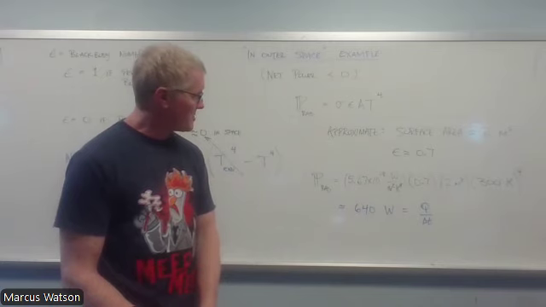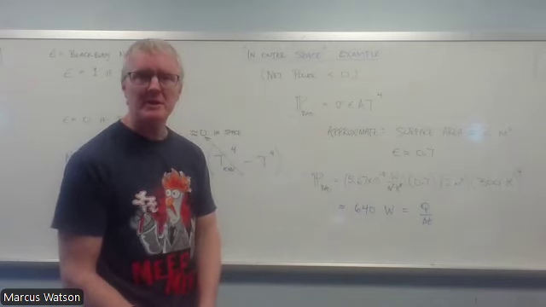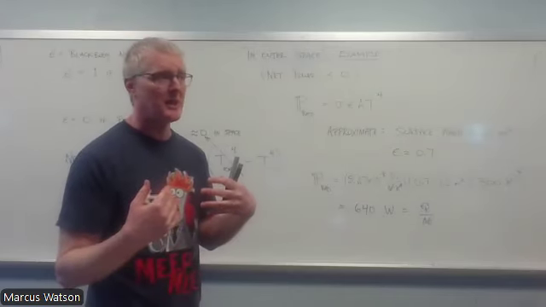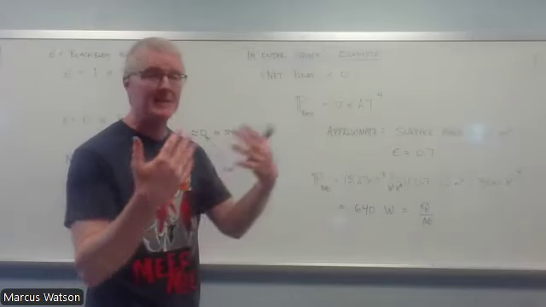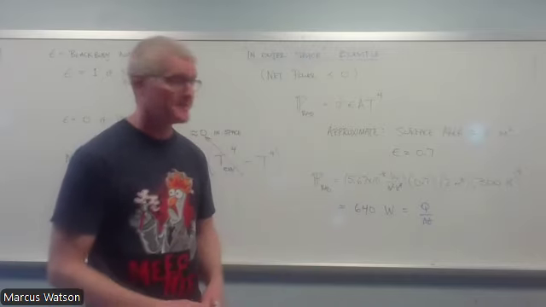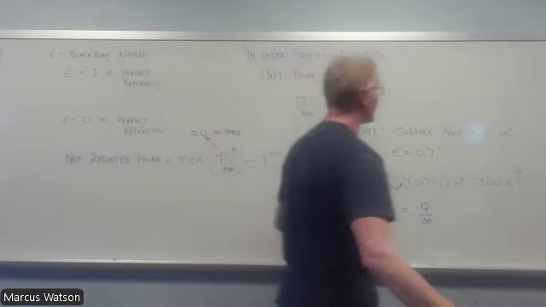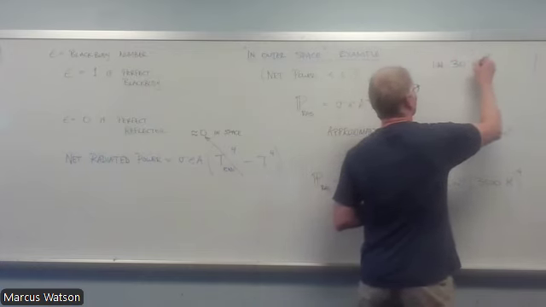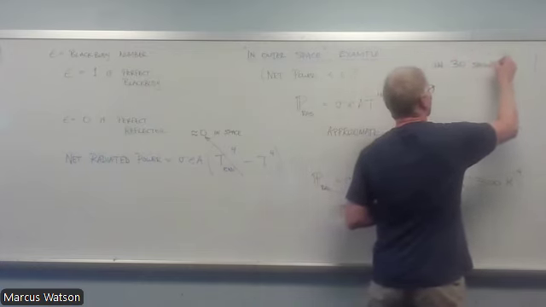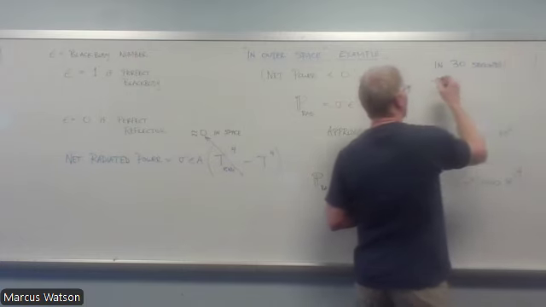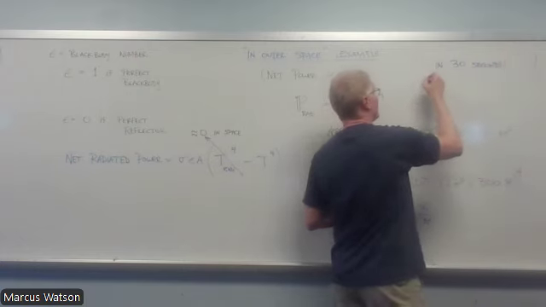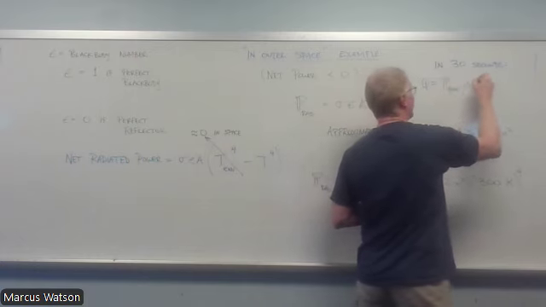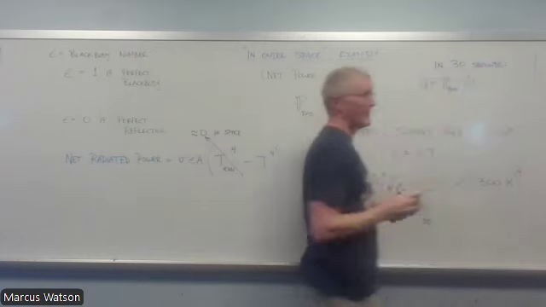So you might ask, well, how much energy am I going to lose in, say, 30 seconds? How much heat am I going to transfer out in 30 seconds? Let's take a look at that number. If I have it in 30 seconds, then that amount of Q is just going to be the power radiated multiplied by the time, and the time is just the 30 seconds.